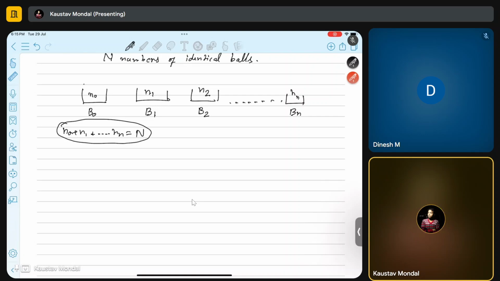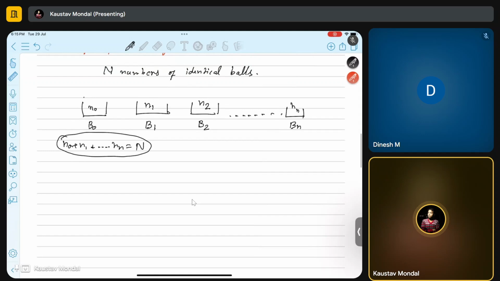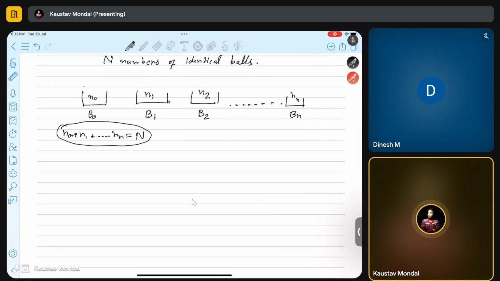We are considering a system where the total number of balls is fixed and the balls are identical. Now we distribute these balls into different boxes: box 0 has n0 balls, box 1 has n1, box 2 has n2, box n has nn balls.